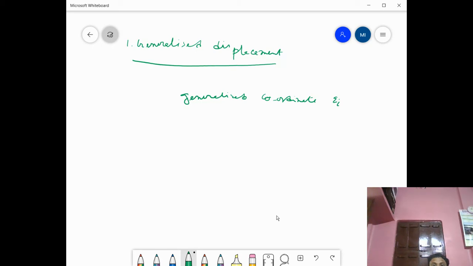That means q1, q2, dot dot dot qn, n number of generalized coordinates are there. So this position coordinate ri will be a function of the generalized coordinates q1, q2, dot dot dot qn, right?